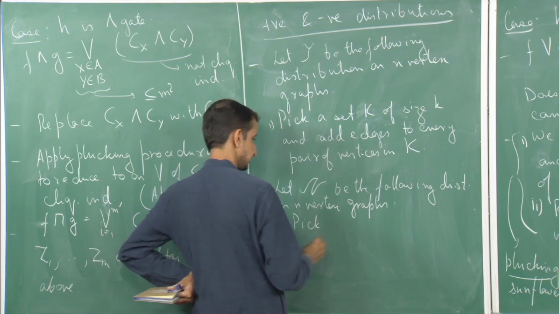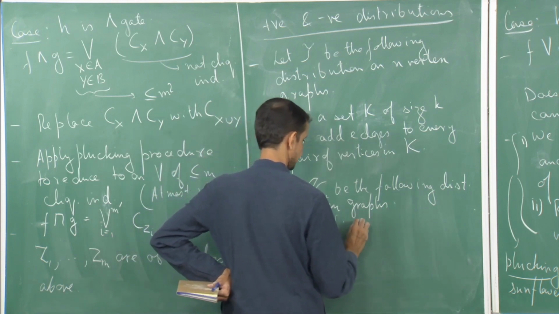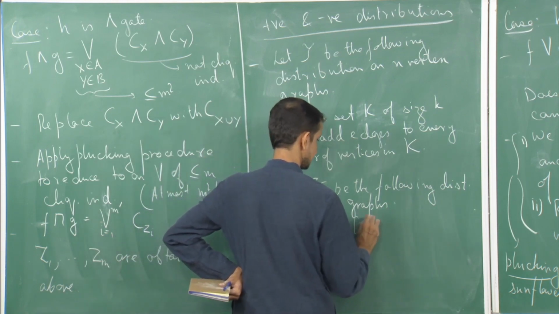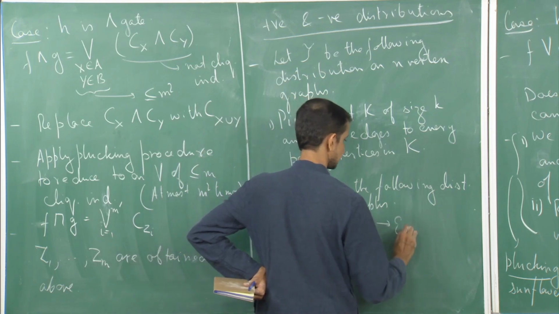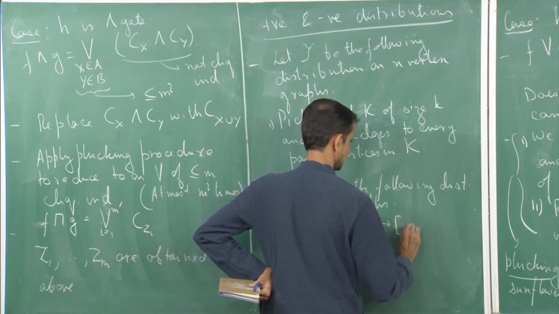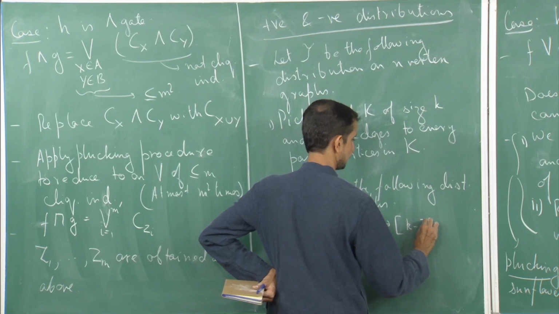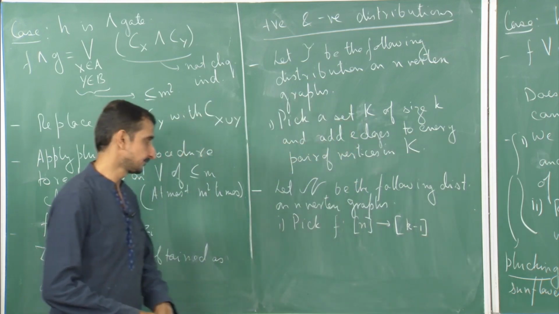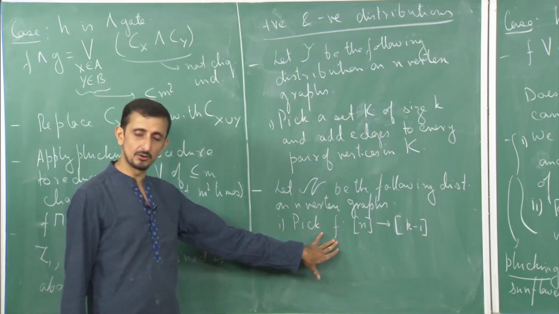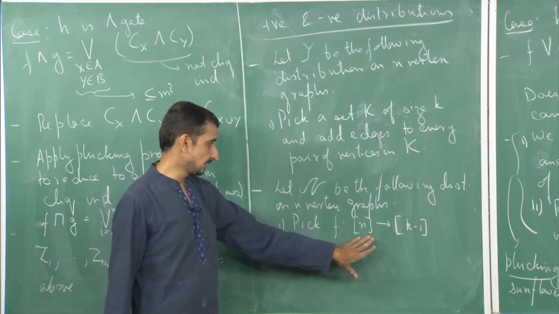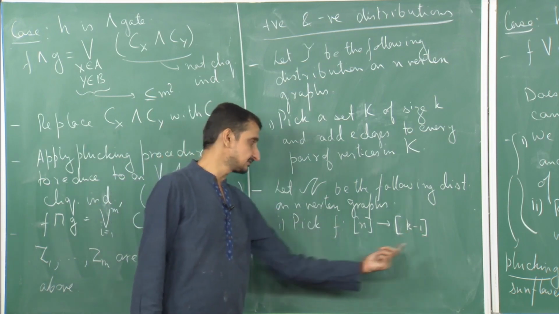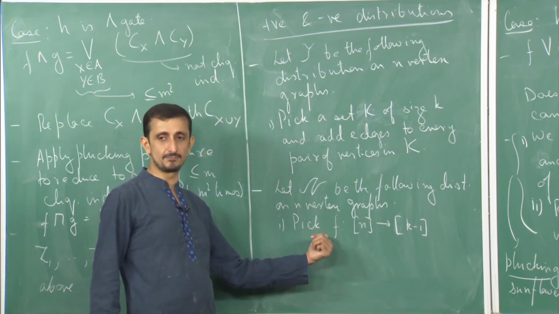Pick a function which assigns colors to the vertices in the range 1 up to k minus 1. This is a random function that you are picking; think of this as a coloring function.